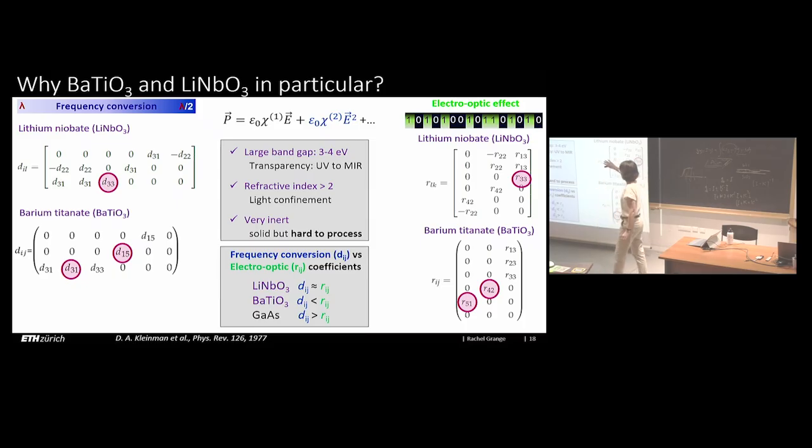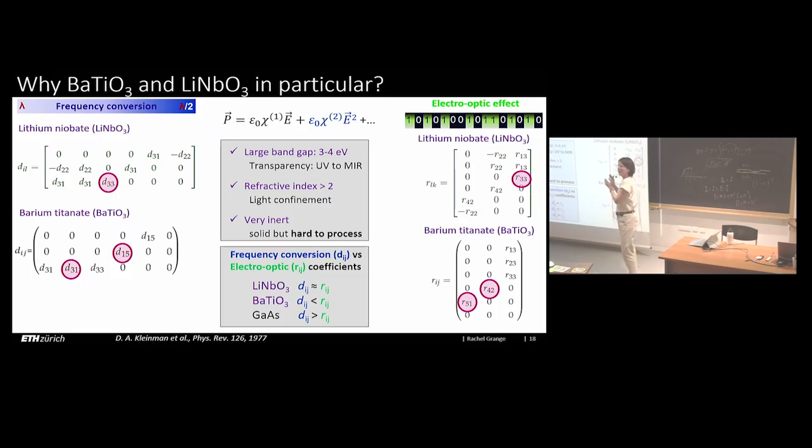Okay, so this was just a few of the properties, and on top of that, lithium niobate and barium titanate, I was telling you before, are large bandgap ferroelectrics, so 3 to 4 electron volts, transparent from the UV, 315 nanometers for lithium niobate, maybe 380 for barium titanate, up to 4.5, 5 micron for lithium niobate. Refractive index is above 2, which is good enough for light confinement, though not as good as we saw this morning with silicon, where you saw the waveguide of silicon, because it's 3.5, but yeah, good enough.